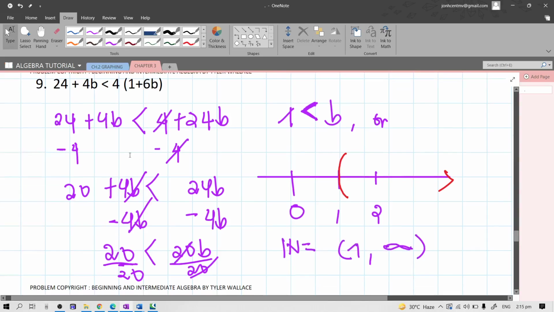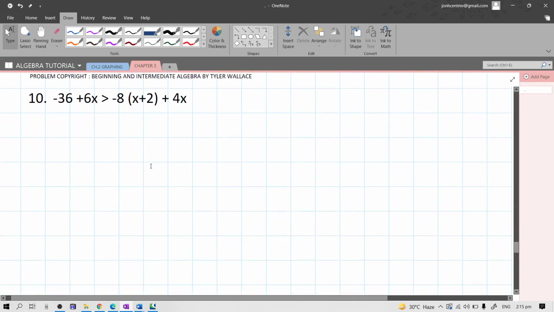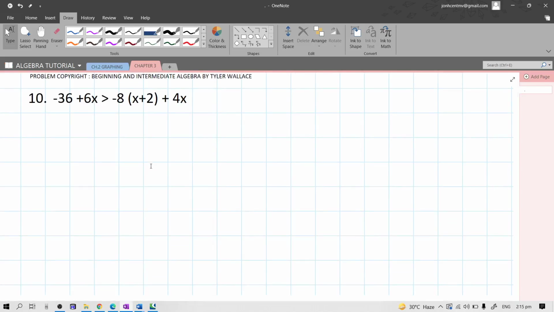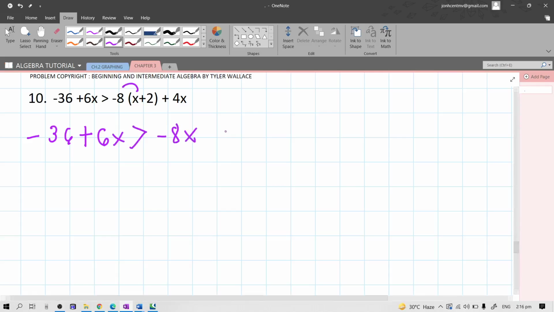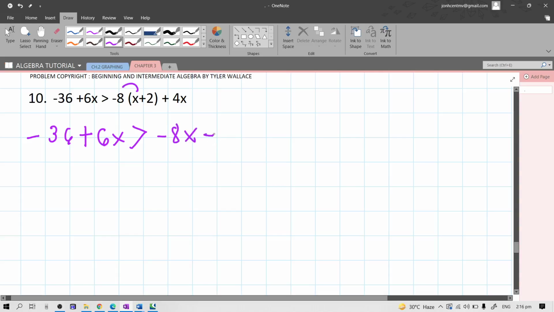Okay? Next, for problem number 10, we have negative 36 plus 6x is greater than or equal to negative 8x plus 2 plus 4x. So, ganun pa rin yung ating gagawin. We have negative 36 plus 6x is greater than negative 8x, distributive property, minus 16 plus 4x.